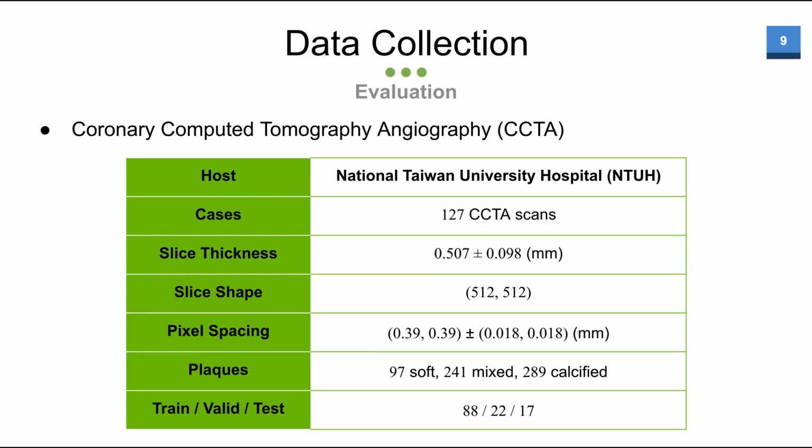These scans contained 97 soft, 241 mixed, and 289 calcified plaques in all. The average slice thickness is about 0.5 and the slice shape is 512 by 512. And the average pixel spacing is about 0.39 by 0.39.